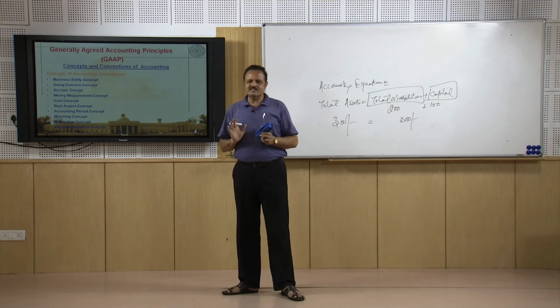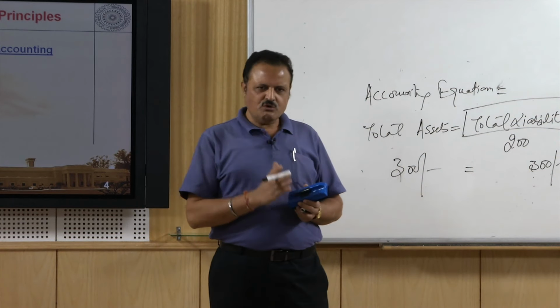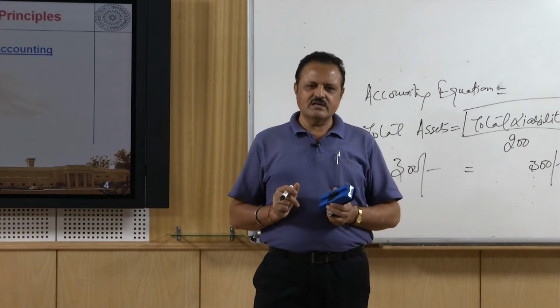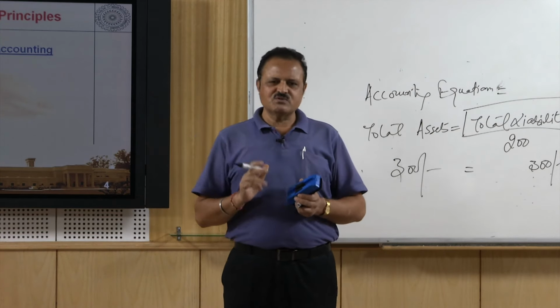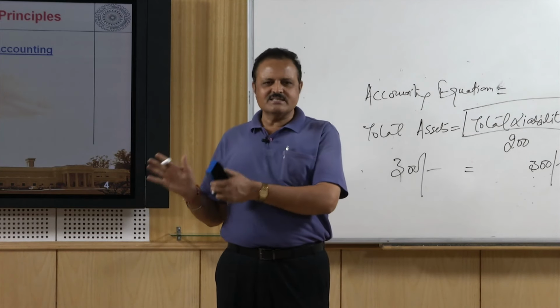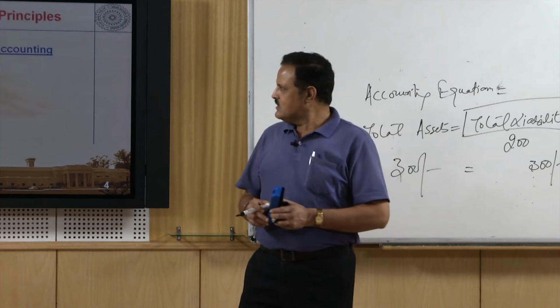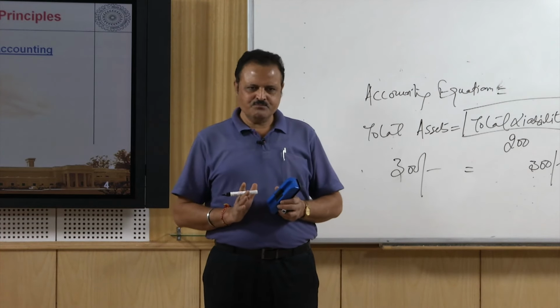First concept is the business entity concept. We assume that every business is a separate independent entity. For example, you talk about 3 types of business organizations: sole proprietorship, a business controlled or owned by one single individual; partnership firms, where you can have more than one owner; and the third one is the company form of organization.